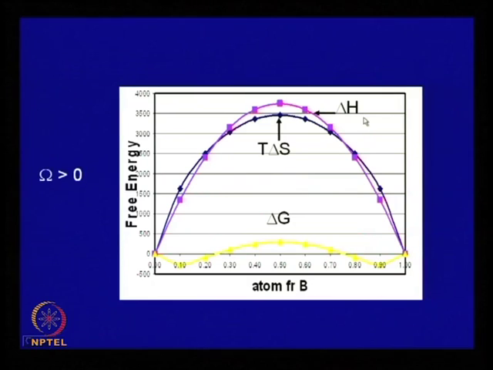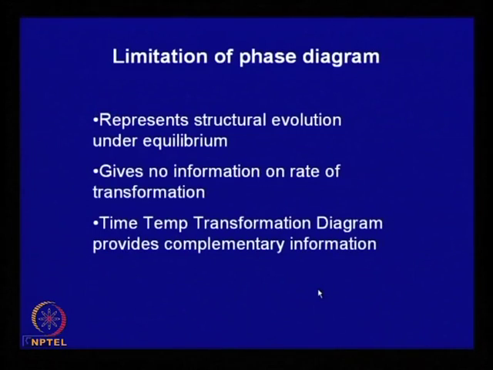Here both enthalpy and T delta S are in the positive direction and they add up. Using this, it is possible to calculate phase diagrams in cases where the ideal solution assumptions are not valid.